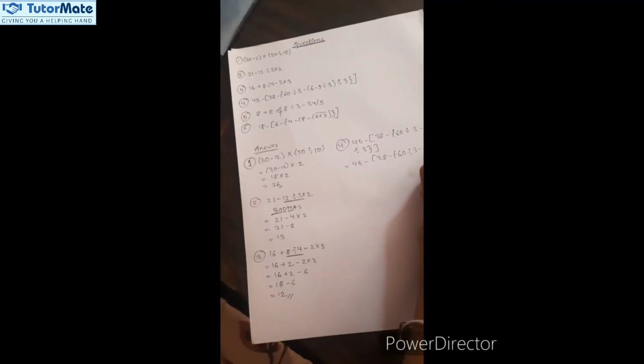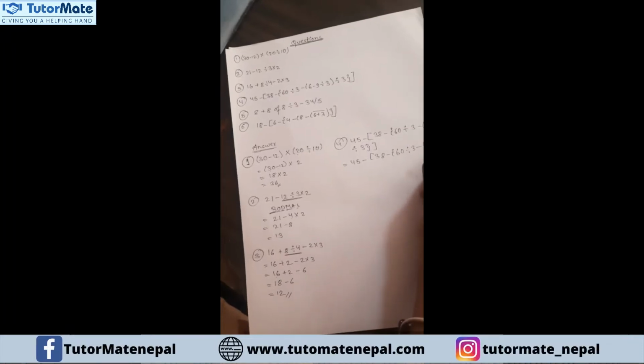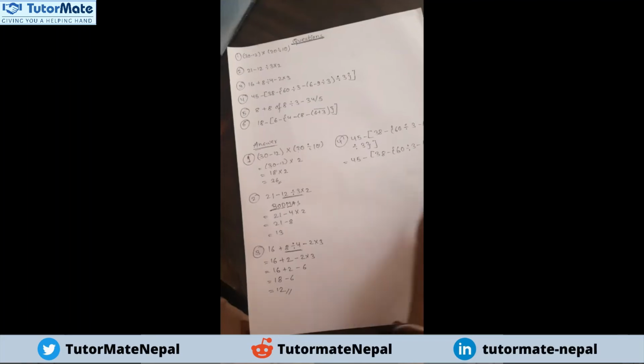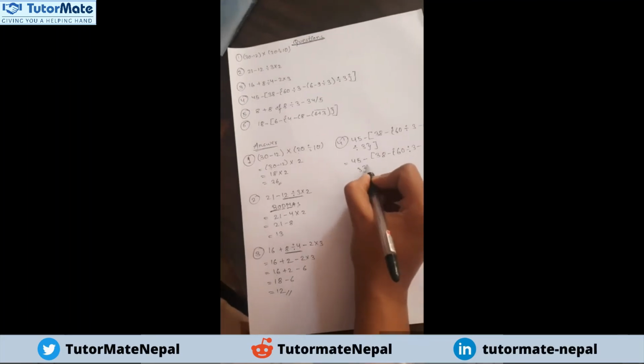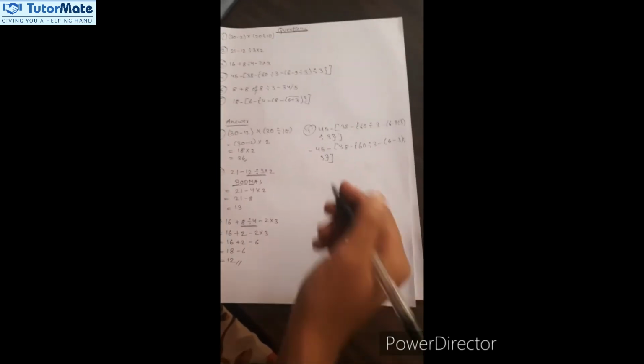So 6 minus 9 divided by 3, that means 3 threes are 9, small bracket close, divided by 3, curly bracket close, big bracket close.